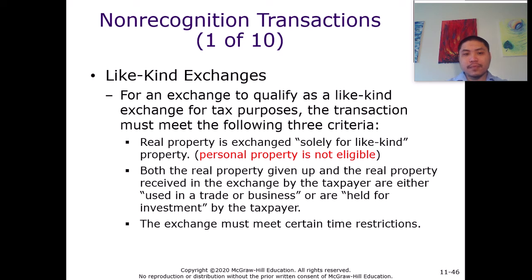If the piece of property is used for some other purposes, then it is not going to meet the like-kind exchange requirement. And then the third requirement says that the exchange has to meet certain time restrictions, and we're going to discuss that in a little bit. So first, let's talk about the first criterion.